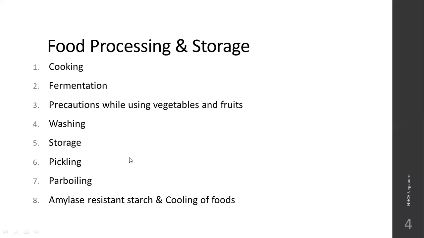Then amylase resistant starch and cooling of foods. So amylase resistant starch are a kind of carbohydrates that will not allow the effective hydrolysis with the help of amylase. So they remain undigested and they get fermented in the intestine and they form into short chain fatty acids.